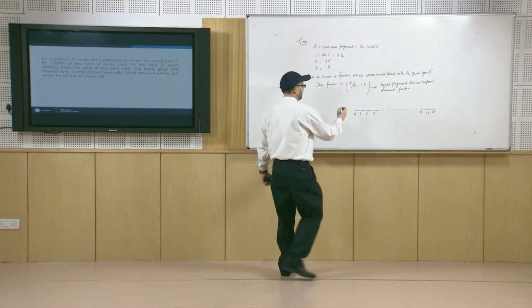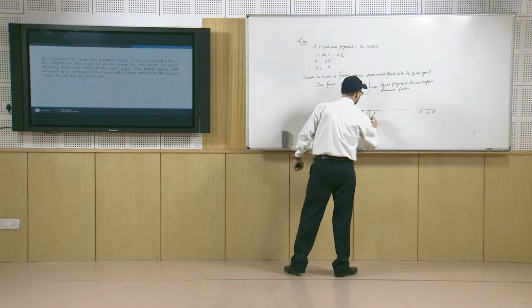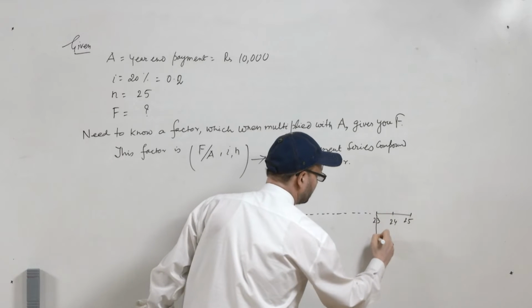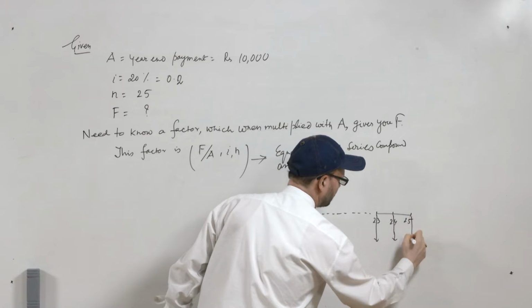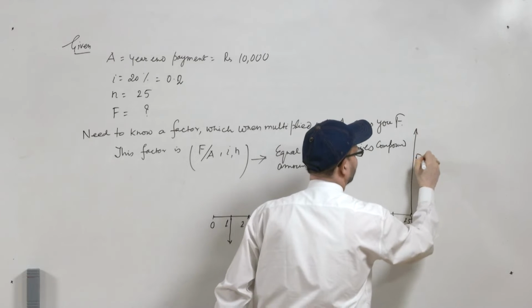Every year end he is depositing an equal amount of rupees 10,000, and in the end he will get F.